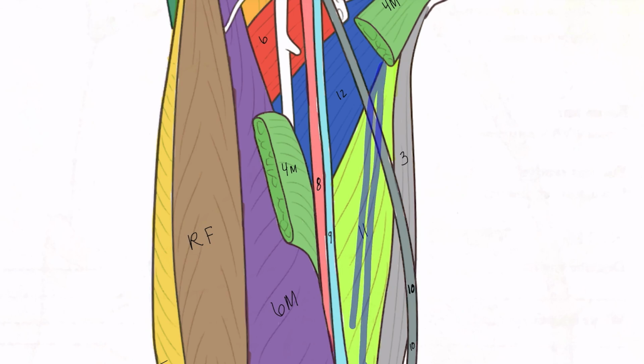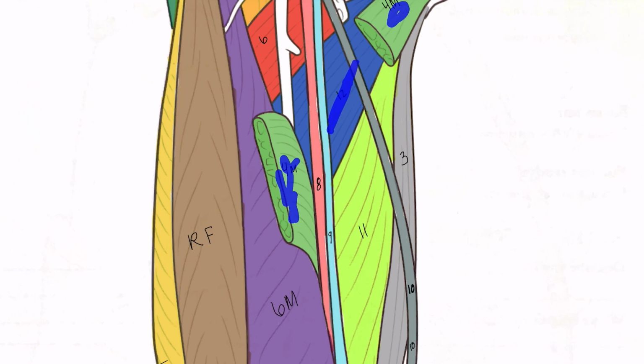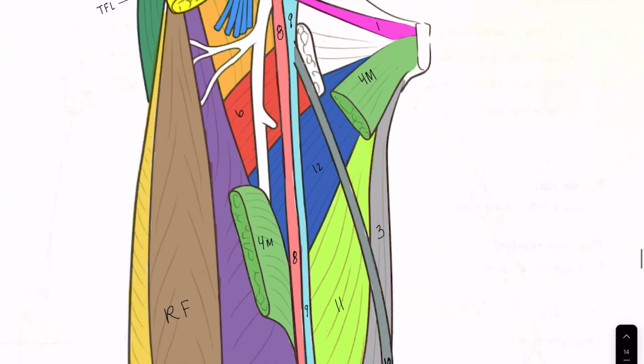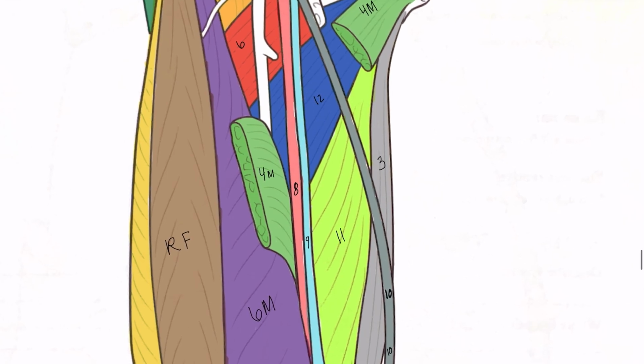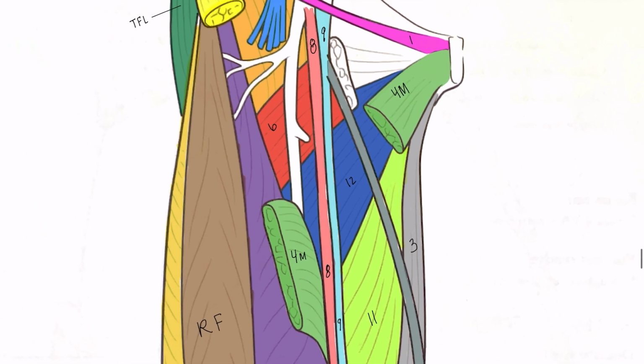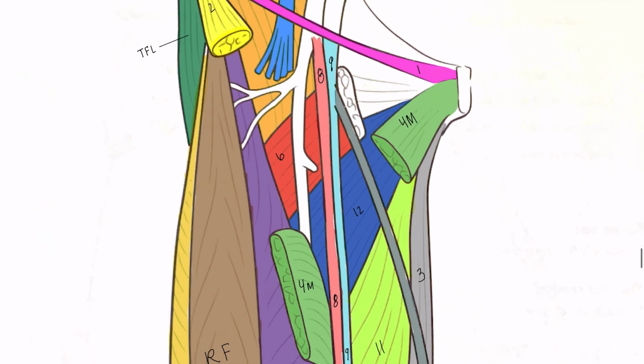Then adductor magnus, adductor longus, and then this is adductor brevis being number 12, and then number 6 is your pectineus.